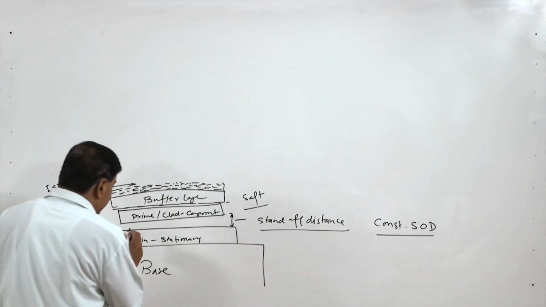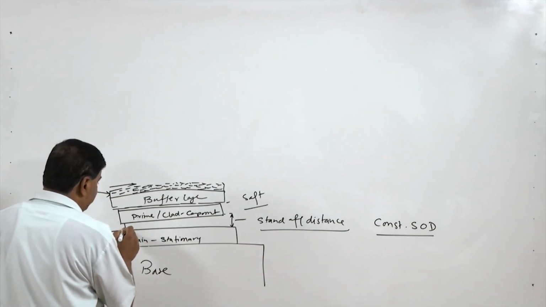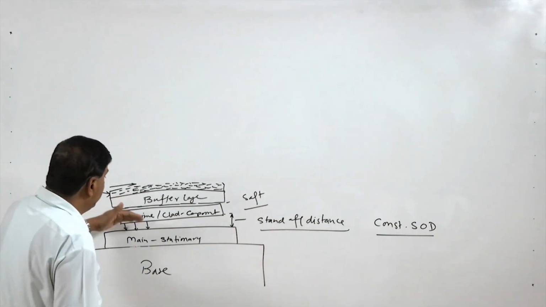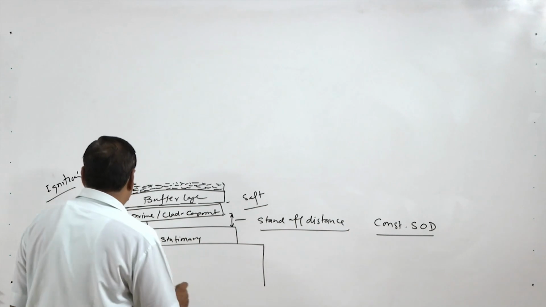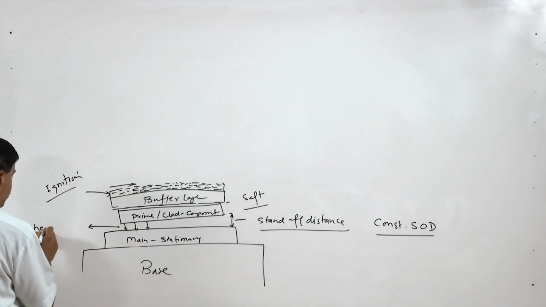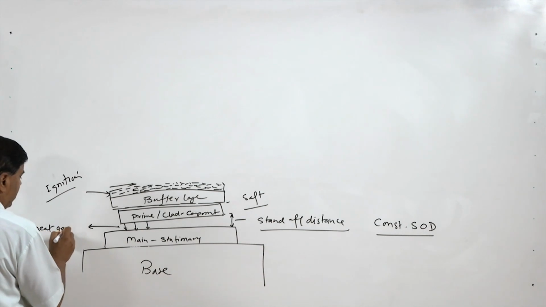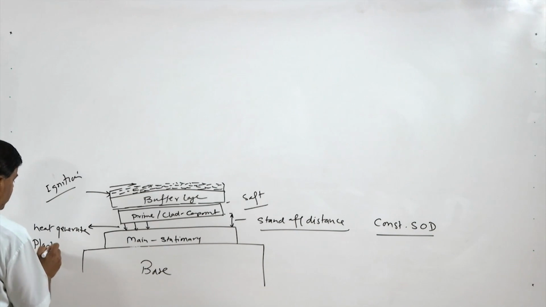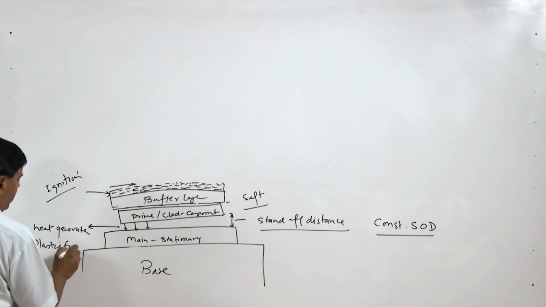Here its impact with the main component takes place, and due to the impact there is first heat generation, and then huge plastic flow at the interface.